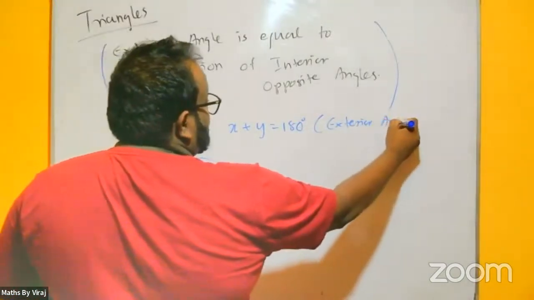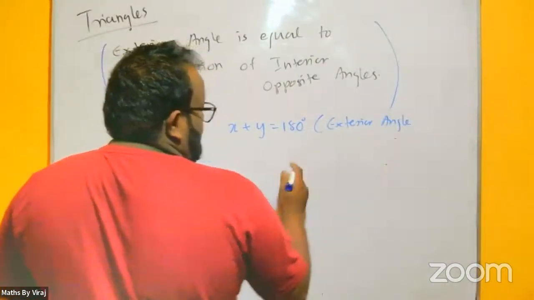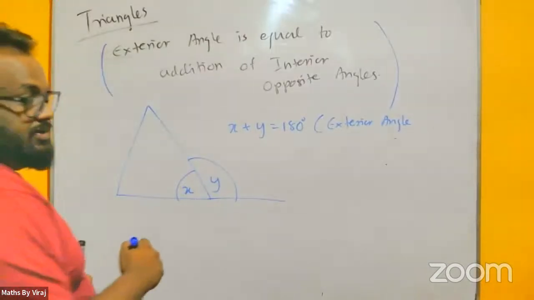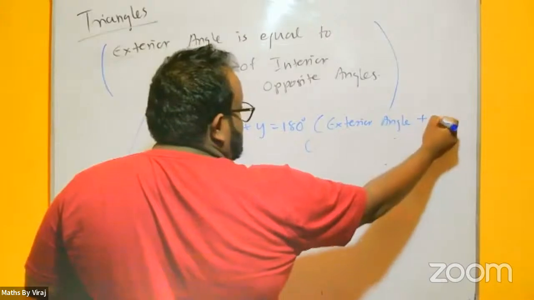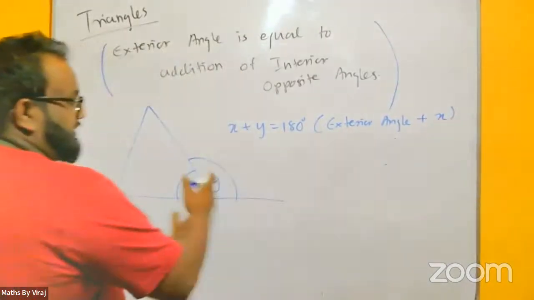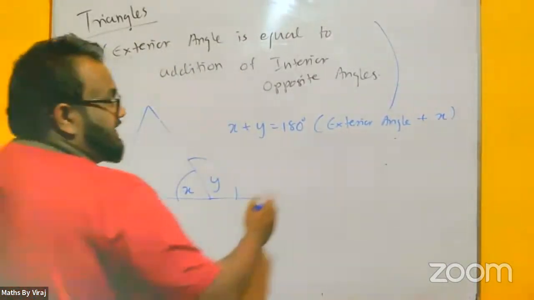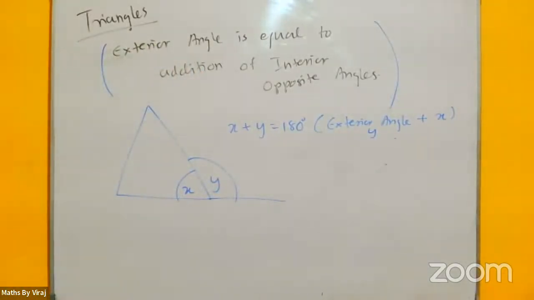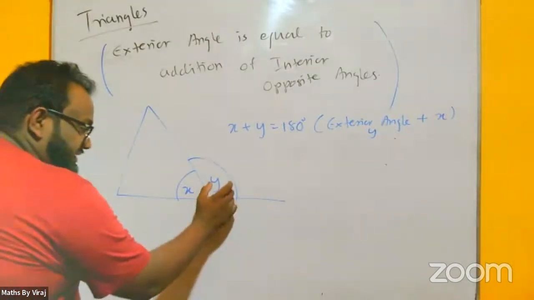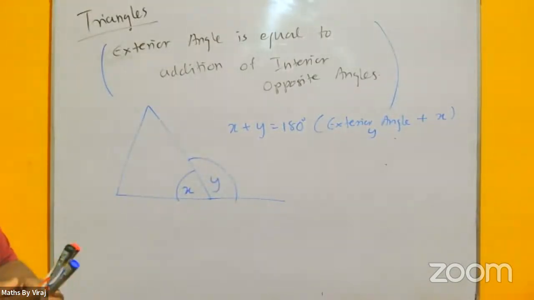Exterior angle y, right? So we can write exterior angle plus x. What is our exterior angle? Y. I want to emphasize that this is the exterior angle because this is the one we are going to use when calculating.